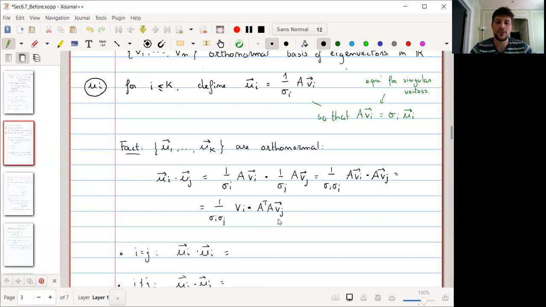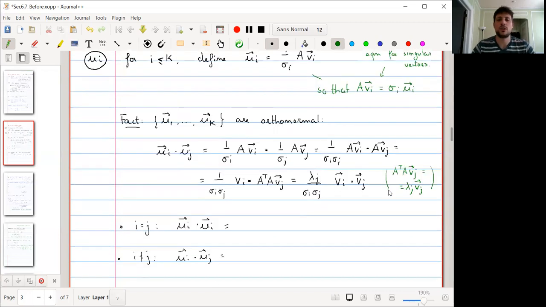Now vj, by definition, is an eigenvector of A transpose A. So this becomes lambda j over sigma i sigma j, vi dot vj. Because what we used here was that A transpose A vj is equal to lambda j vj, by the definition of the vj's. Okay, so now what happens next? We have these expressions here.